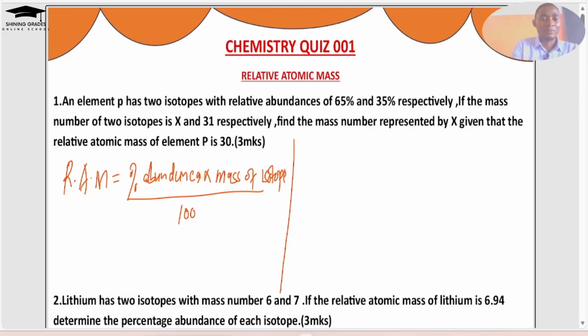So what we are given is our relative atomic mass as 30.